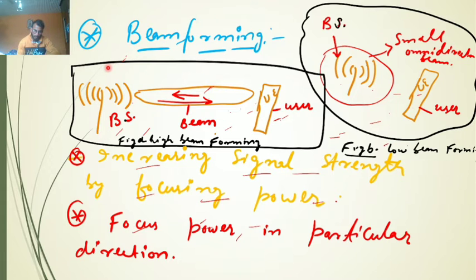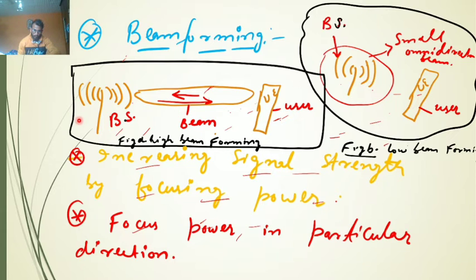Simply, we can say beamforming is the amplification of the signal and focusing in a particular direction to serve that user. That is called beamforming. As shown, this one is figure 1 and this one is figure 2. First we will discuss figure 1.